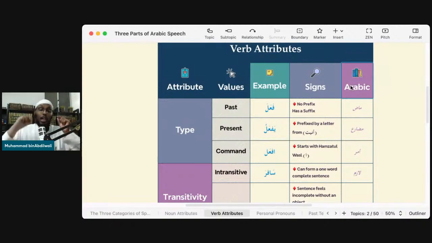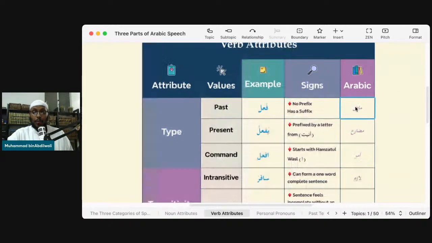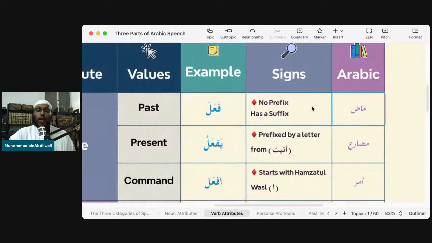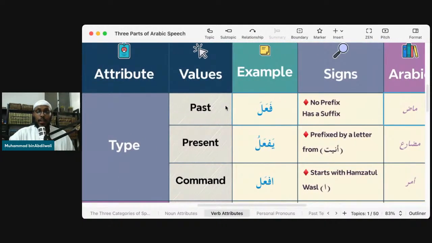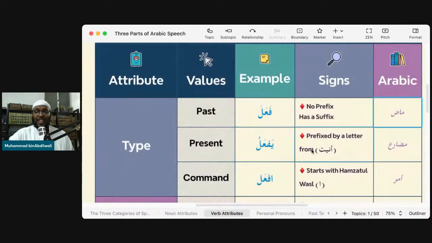Arabic has three types of verbs. We have the past tense verb, also called fi'l madi. We also have a present tense verb, also known as fi'l mudari'.